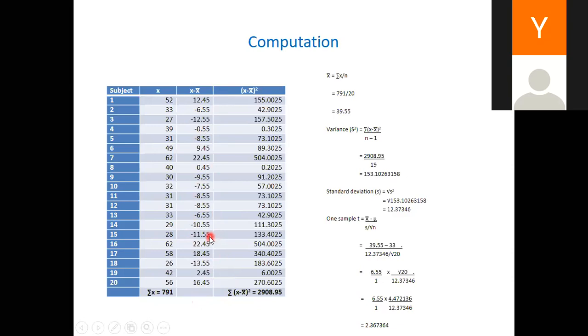That was why intelligent people say, okay, let's square it. When you square x minus s bar, which is the deviation from the mean, this is square deviation. When you square it, you remove the negative. When you add everything together, this is what is called sum of square.